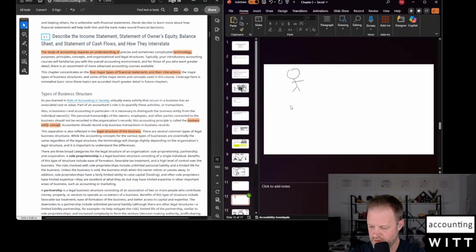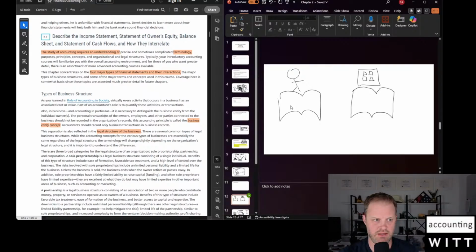An owner has its books, and a business has its books. A business, let's start with a lemonade stand. We need to think of some simple business, but let's start with the lemonade stand.